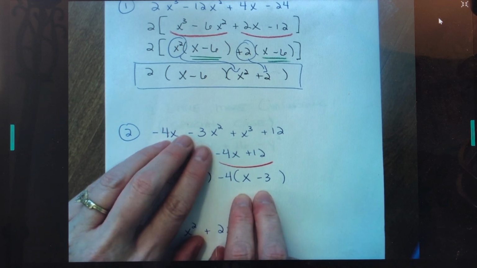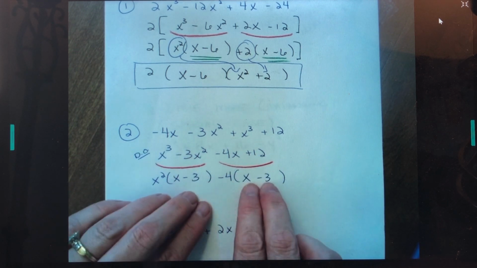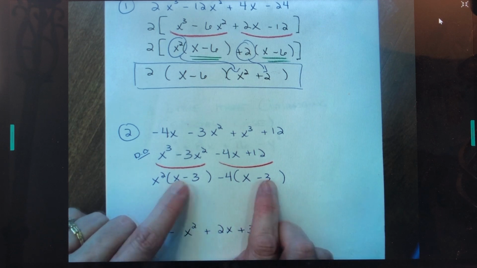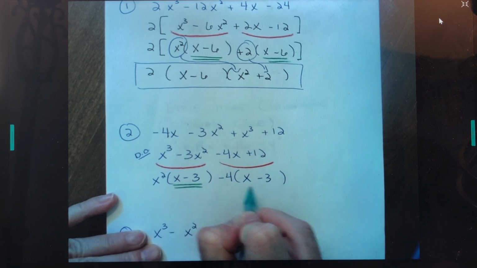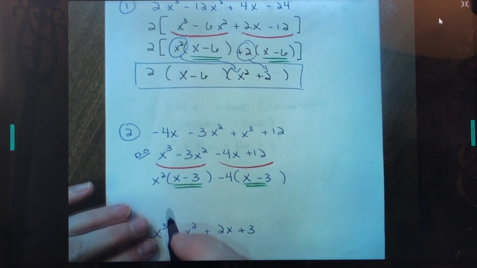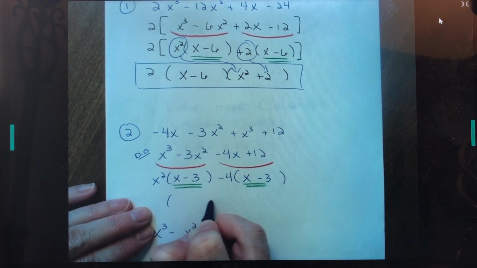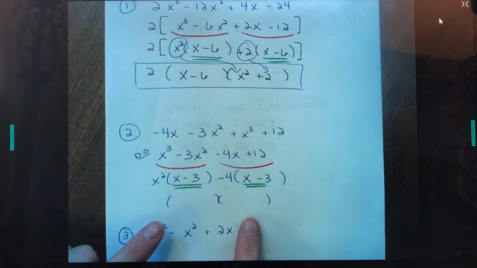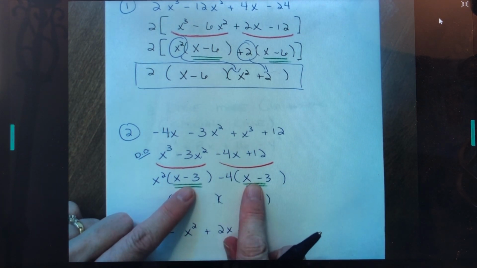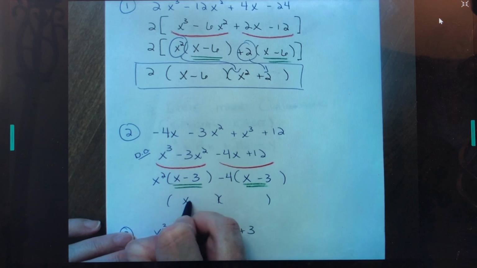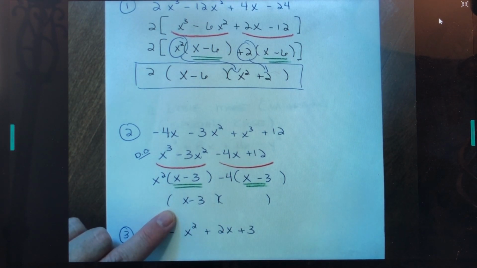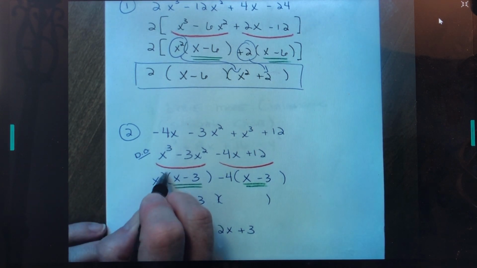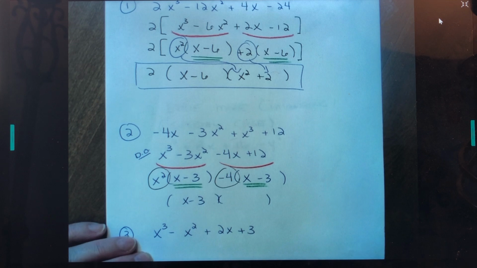Okay, so just as in the problem above, now that I've pulled those GCFs out separately, these terms in parentheses match, which is what we were expecting. So again, we are going to write the product of two binomials, and these matching terms I'm going to write in the first parentheses, and then these leftovers that I had talked about before are those GCFs that were pulled out.